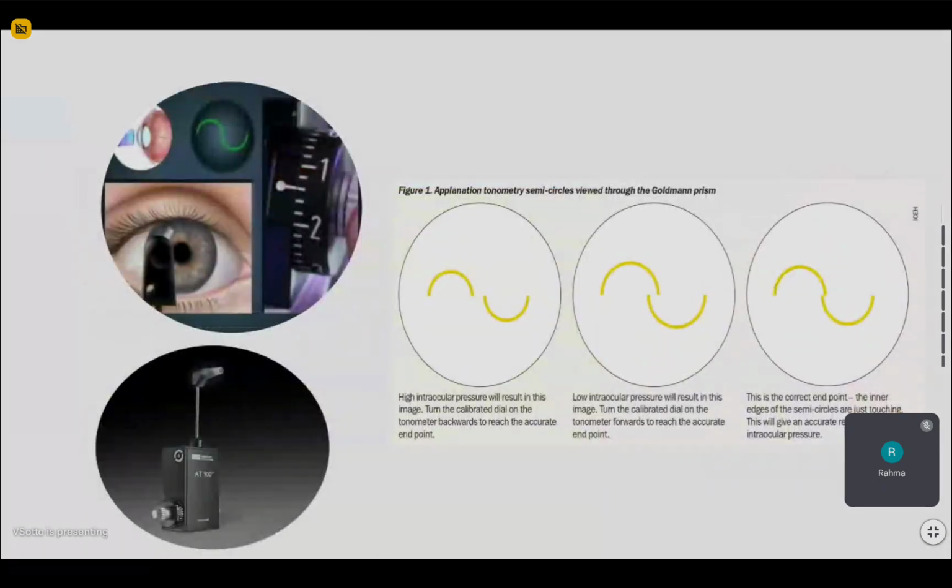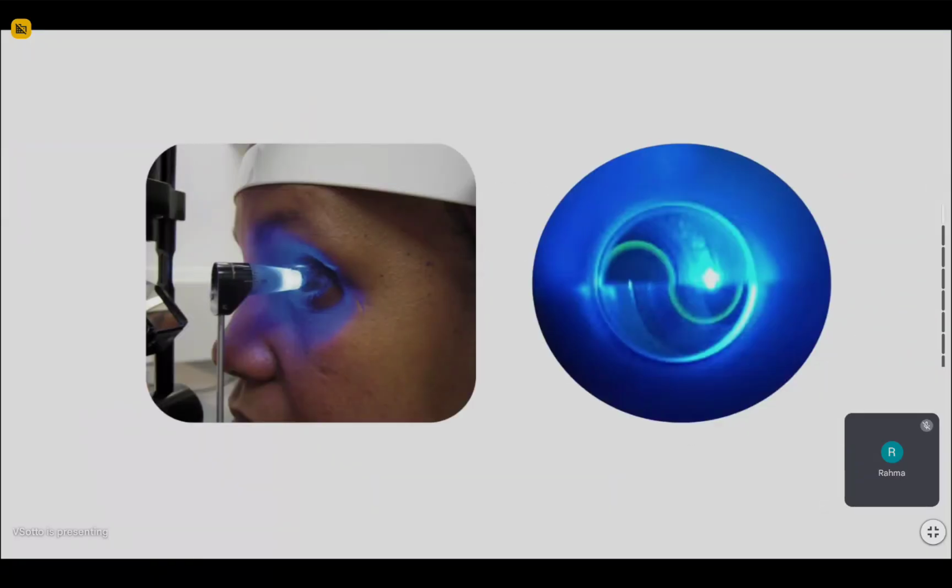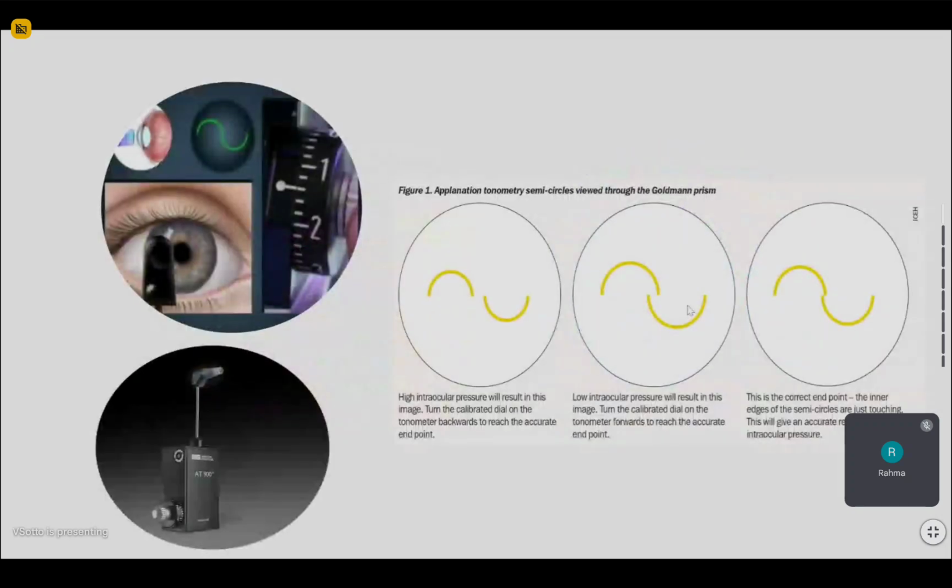In this picture, the patient is being tested for IOP using the Goldmann tonometer. This is the gold standard. We check this under the slit lamp. The Goldmann is connected to the slit lamp, and we usually see these mires for the proper alignment of the semicircles.